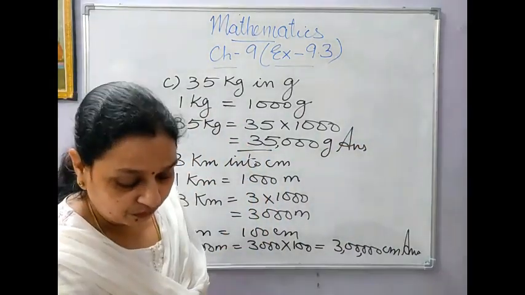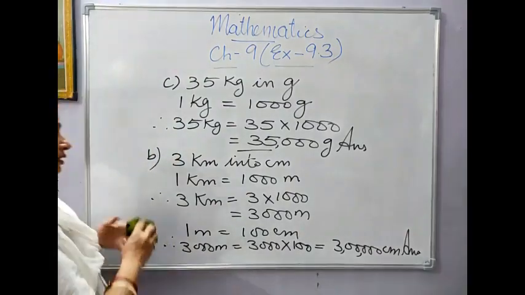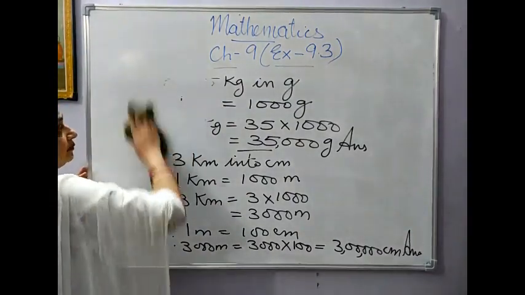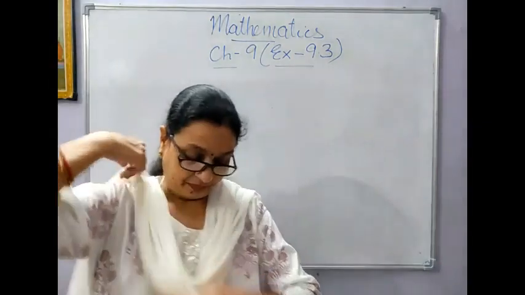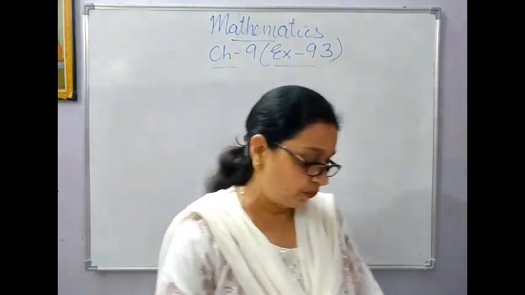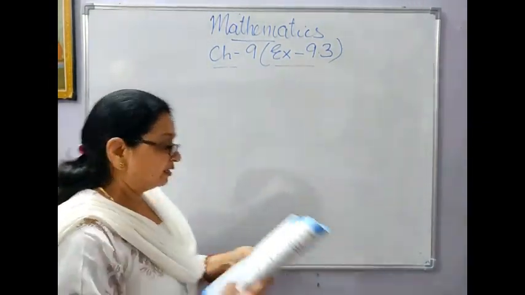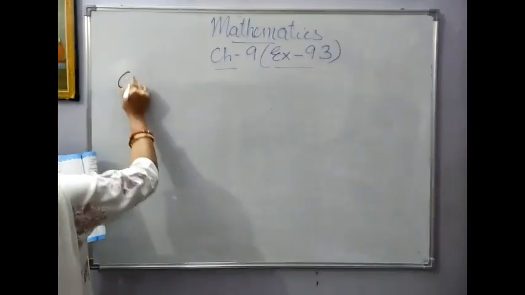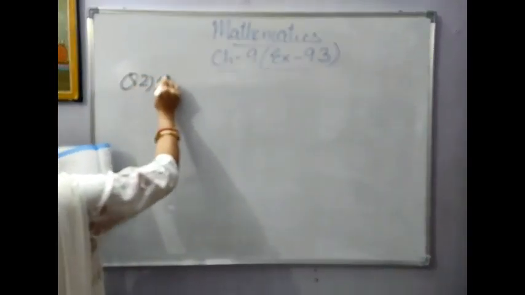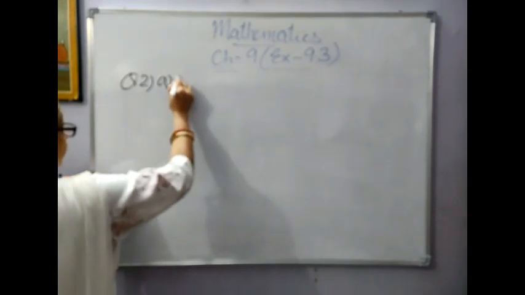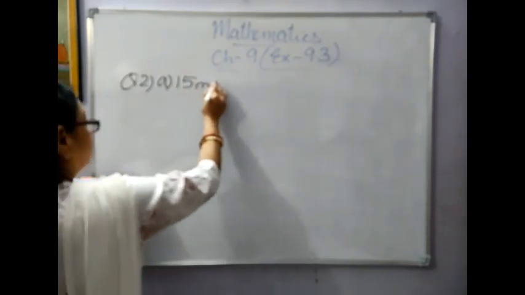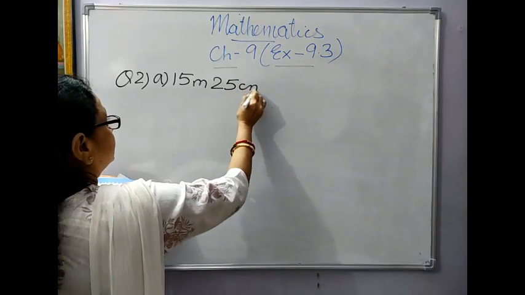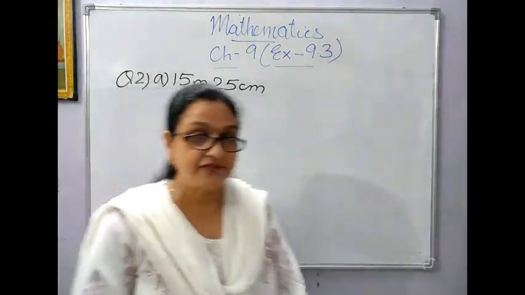Clear? Now we move on to the question number 2. Same type of questions are there. So question number 2. In this I will be doing sum number A and C. Question 2A. It is 15 meters 25 centimeters. What is the first step?